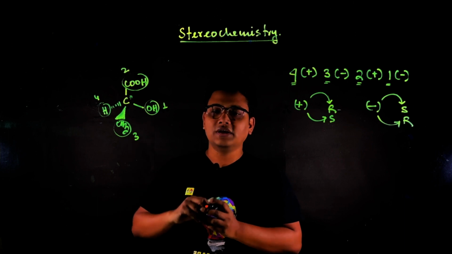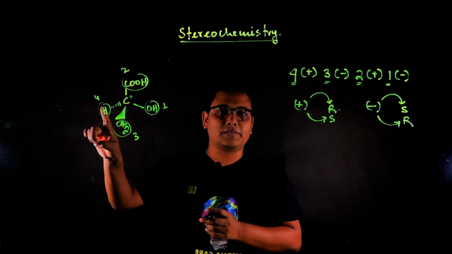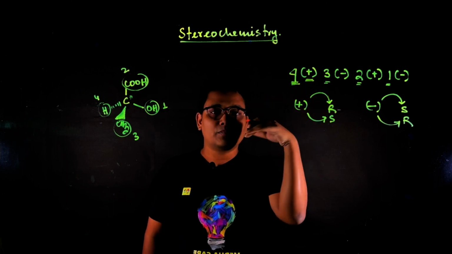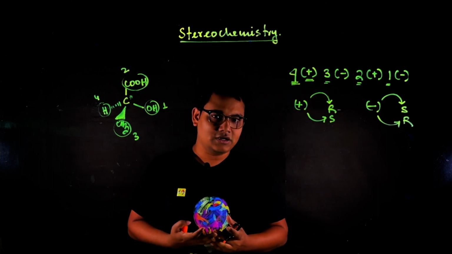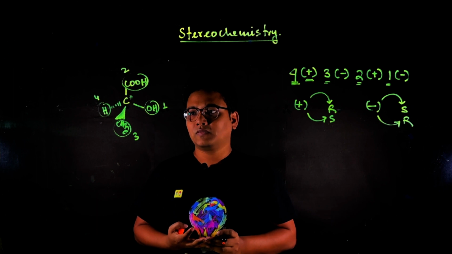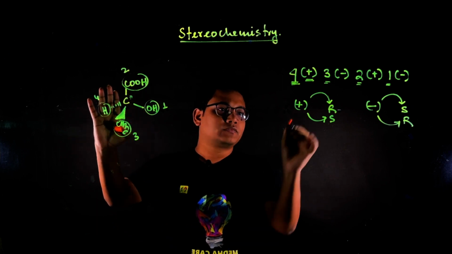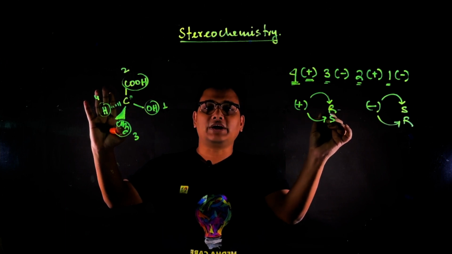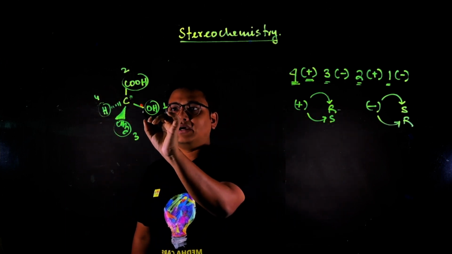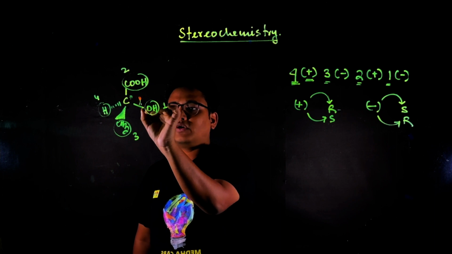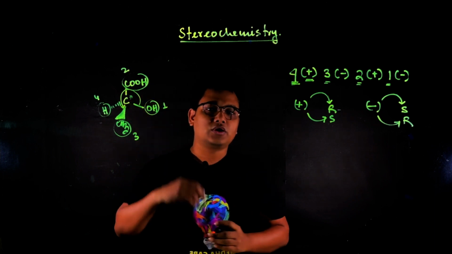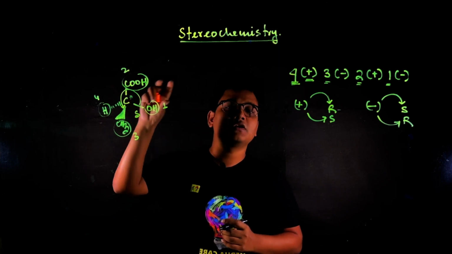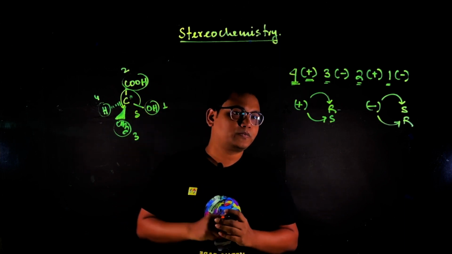As you can see, the fourth group is below the plane, which means we have to think positively, that means the normal CIP rule will be applied. Now if the other three groups go clockwise, then we call it R. Now see here, 1, 2, 3 is going anti-clockwise, so we call this S. So the configuration of this carbon will be S.